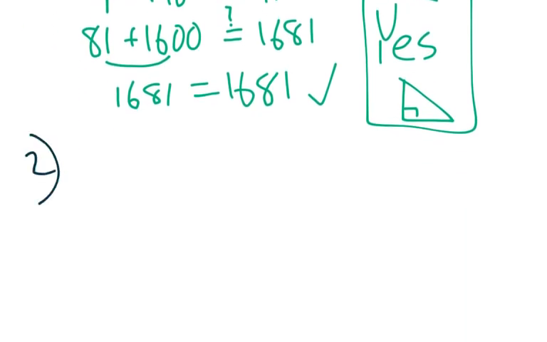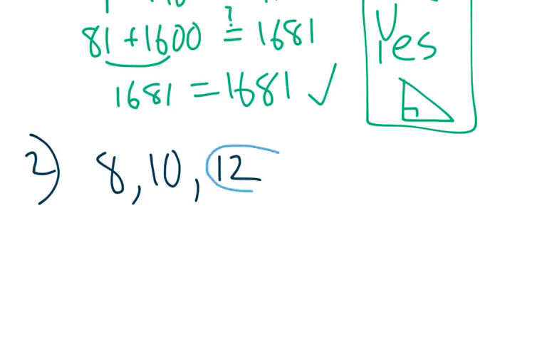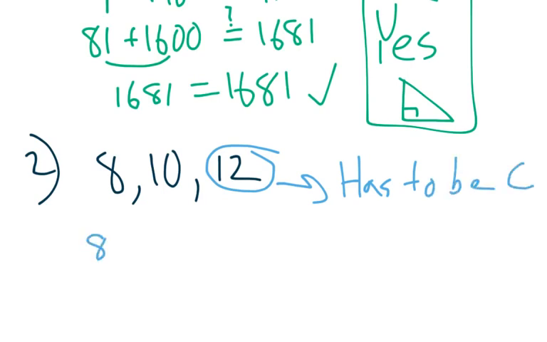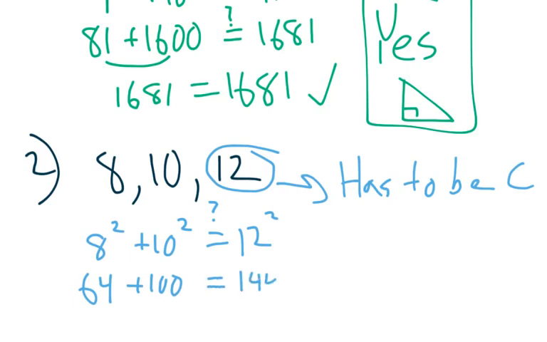Let's say we have a triangle with side lengths 8, 10, and 12. Now again, you have to let the biggest number be c. So 12 has to be c. Now we just check it out. 8 squared plus 10 squared equals, with the equal sign and a question mark, 12 squared. 64 plus 100 is 164, and that's equal with a question mark to 144.